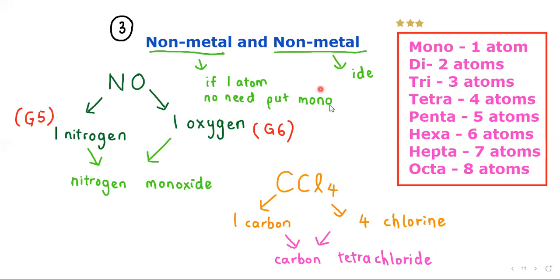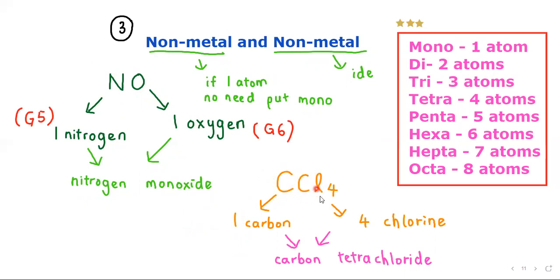We just ignore the mono. This mono is only used for the second non-metal. So for this one just copy back nitrogen. And how many oxygen? One oxygen, so we are using mono. And at the end, remember to change it into IDE. So nitrogen monoxide.